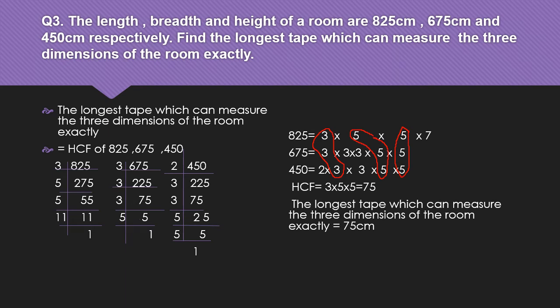The common factors are 3, 5 and 5. So HCF is the product of 3, 5 and 5, that is 75. So the longest tape which can measure the 3 dimensions of the room exactly is equal to 75 centimeter.